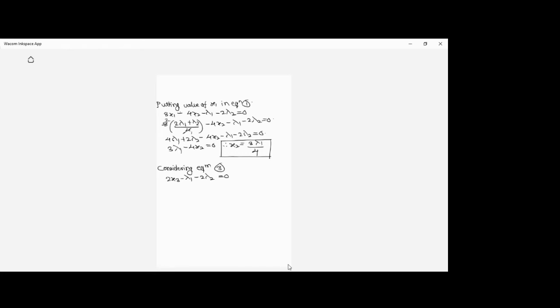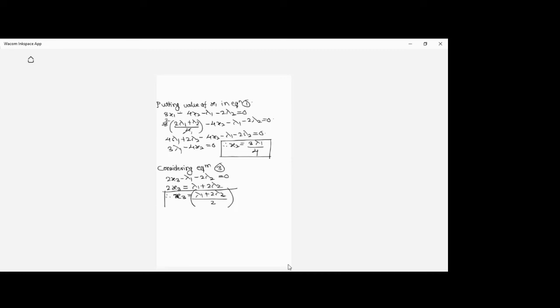Now this particular equation has x3 and the variables lambda 1 and lambda 2. So I can directly find out the value of x3 in terms of lambda 1 and lambda 2. So it will be lambda 1 plus 2 lambda 2, and therefore x3 is equal to lambda 1 plus 2 lambda 2 divided by 2, right?